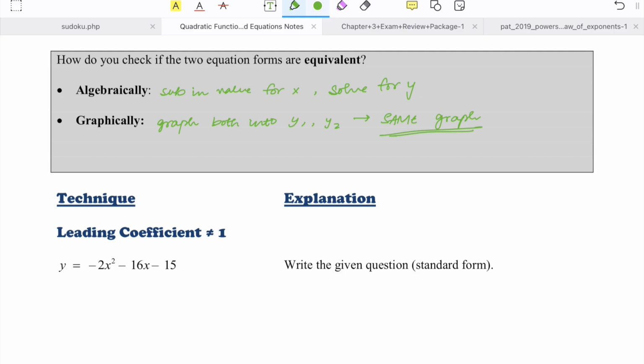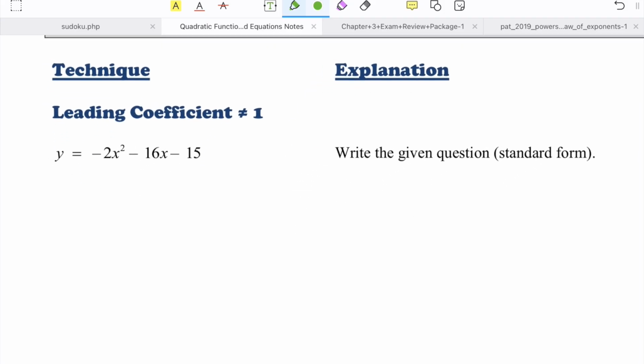The previous question we did had the leading coefficient of 1. What if the leading coefficient is not 1? What we will try is we'll try to make our equation with the leading coefficient of 1. So how can we do that? If we look at this, can we factor out something over here? -2, which will give me x squared plus 8x minus 15, right?